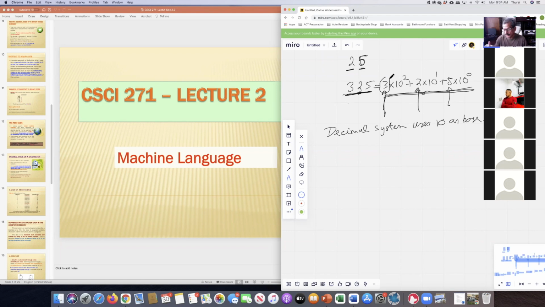So if you use 2 as the base, then the coefficients have to be 0 and 1. They have to be less than 2. So if you express the number as sum of powers of 2 and look at the coefficients of that expression, they make up the binary code. So binary code is found by expressing the number as sum of powers of 2.